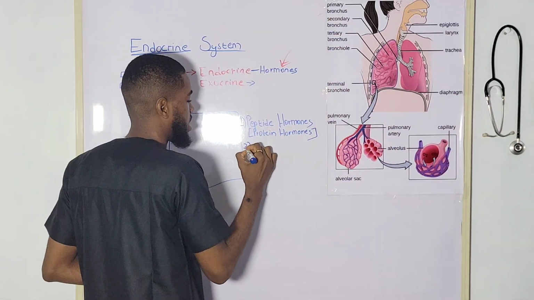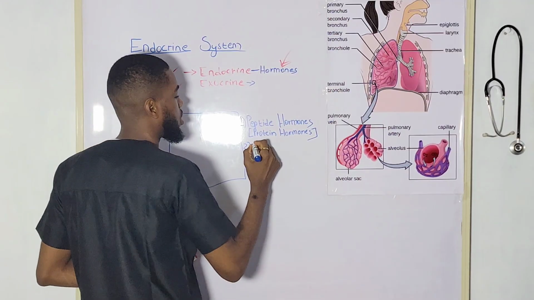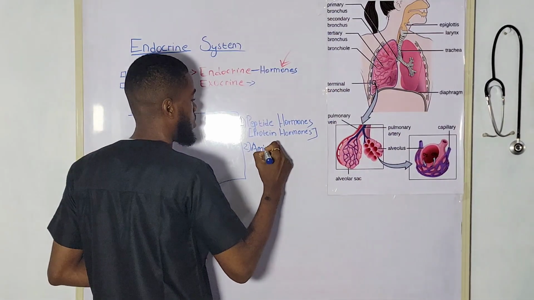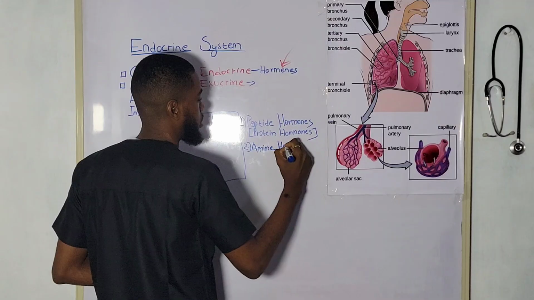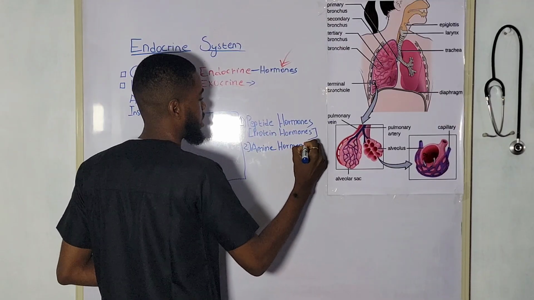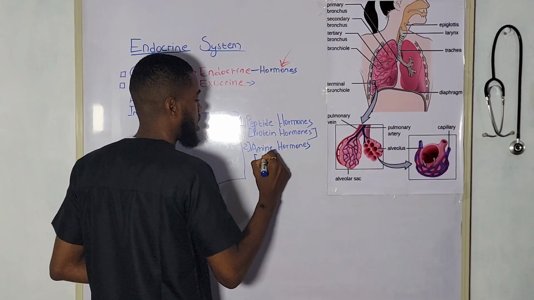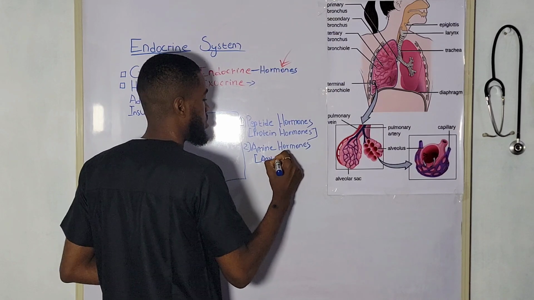Now we have the second type. The second type is called the amine or amine hormones, however you wish to pronounce them, just make sure you know what we're talking about. You can equally call them the amino acid hormones.